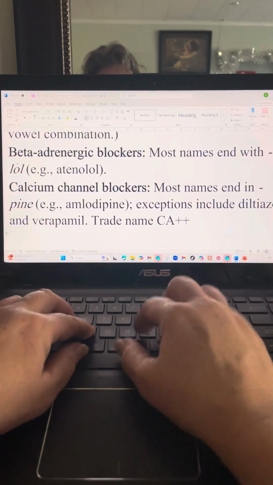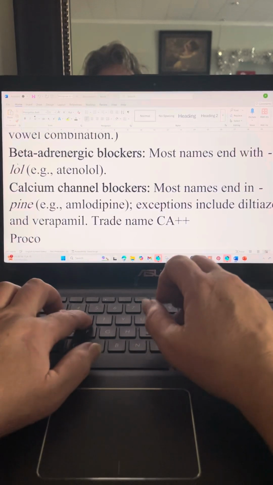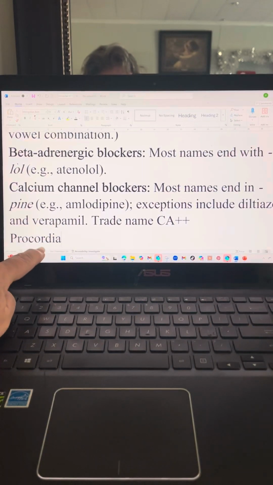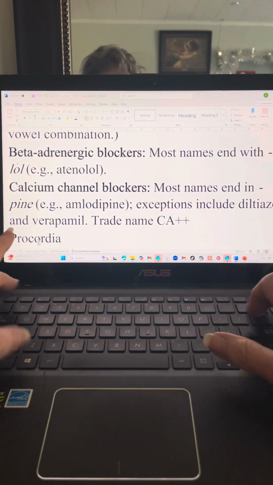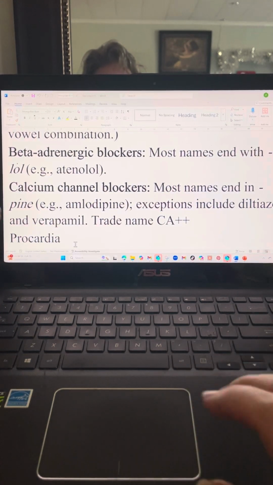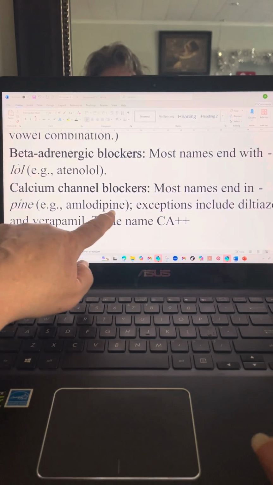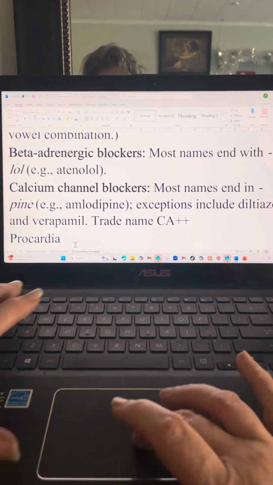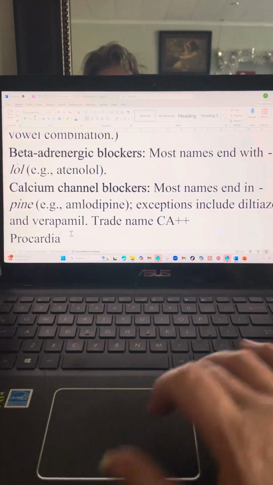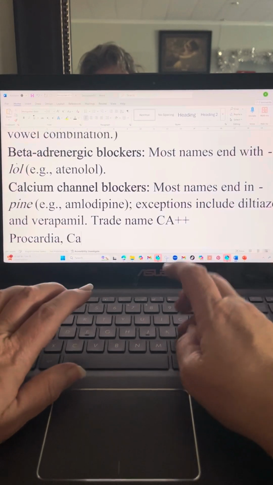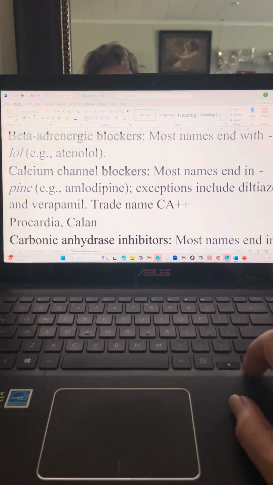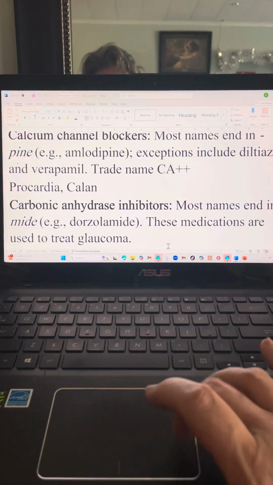Procardia. If I'd spelled it right, you'd have seen it. Calcium channel blockers end in dipine in the generic, or their trade name will have CA in it somewhere. Grab a nut and hold on to that.